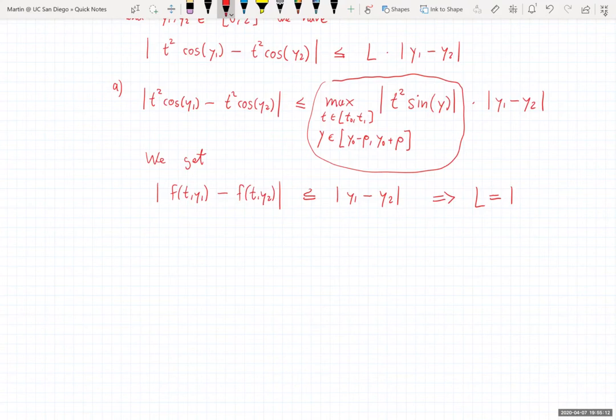Before we proceed, just for practice with inequalities, let's also do a different variant of finding this constant L. I take this difference, t squared cosine of y1 minus t squared cosine of y2, and I can factor out the absolute value of t squared times the absolute value of cosine y1 minus cosine y2.